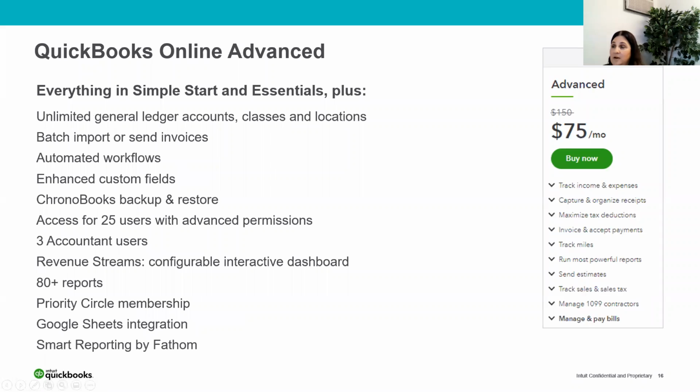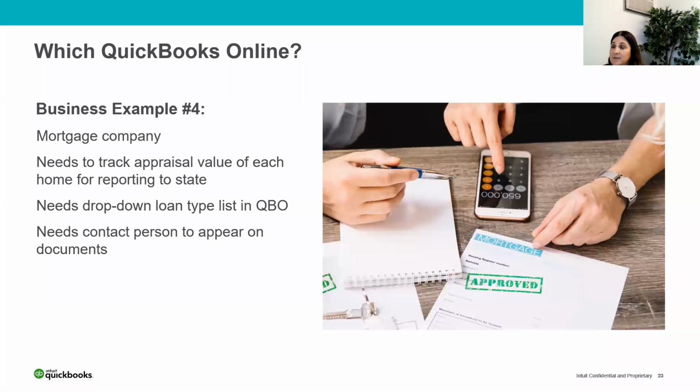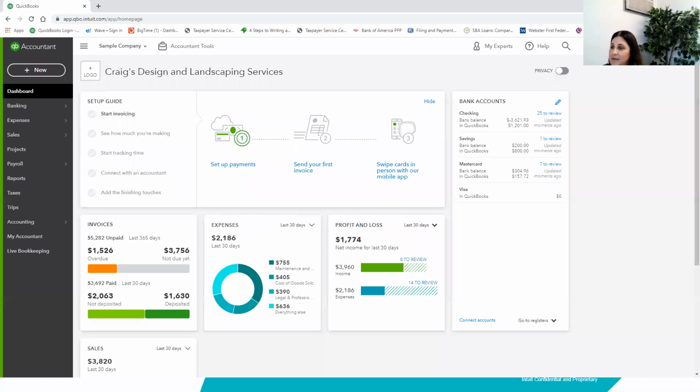And there is one up here, Advanced. I'm not sure that any of you would fall into this, but again, it's just a step up, with 25 users and that sort of thing. But definitely, most of you, I'm going to just skip this because of the time, but I think would fall into the Essentials.